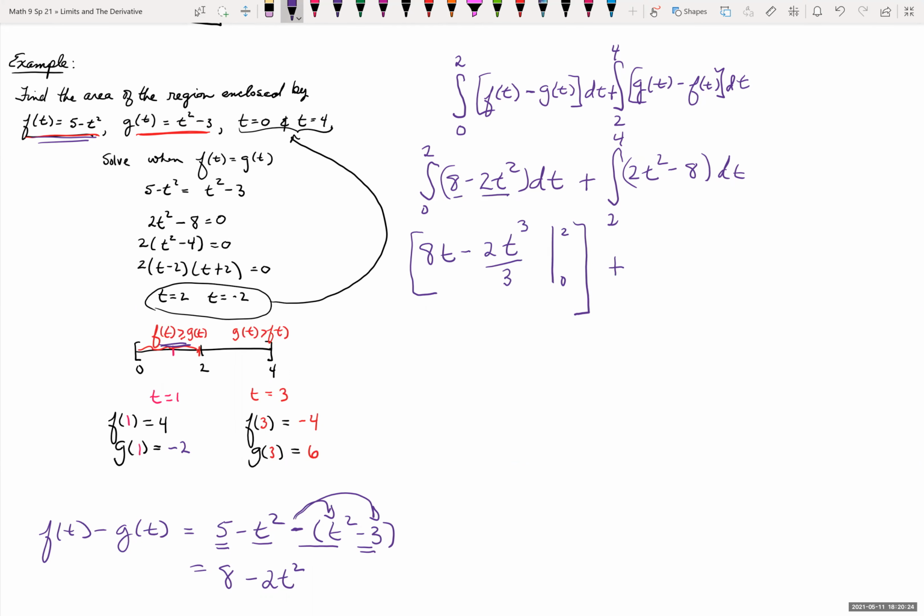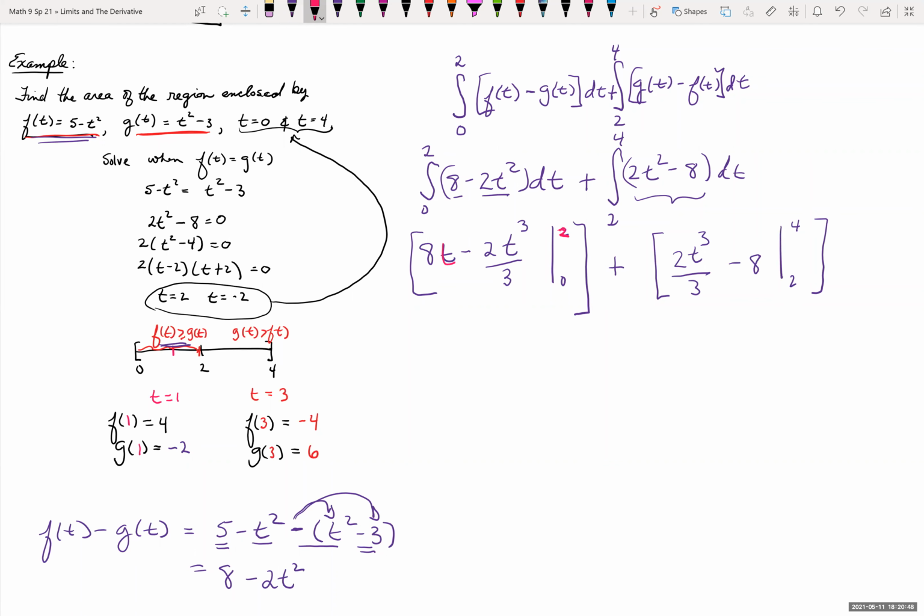Plus, and now taking the antiderivative of 2t squared, again, is 2t cubed over 3, minus 8, and this is bounded between 2 and 4. We always put in our top bound first.